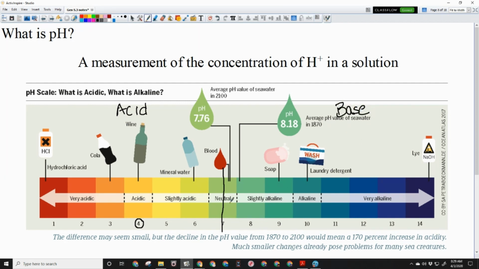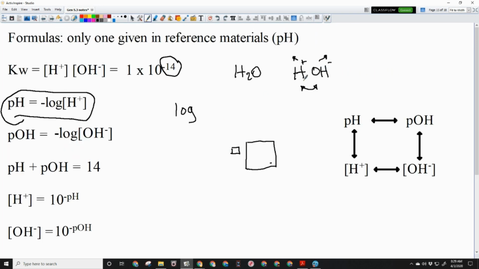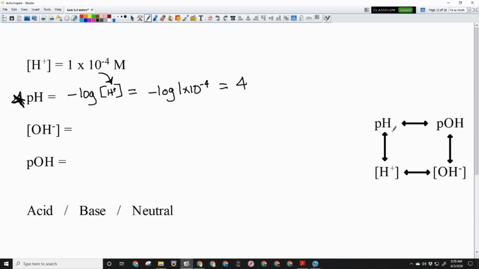Now, neutral is when it's straight up 7, not 6.9, not 7.1, 7.0. Straight up 7.0 is going to be neutral. Okay, so this is pH 4. Oops, wrong screen. This is pH 4, so this is an acid.